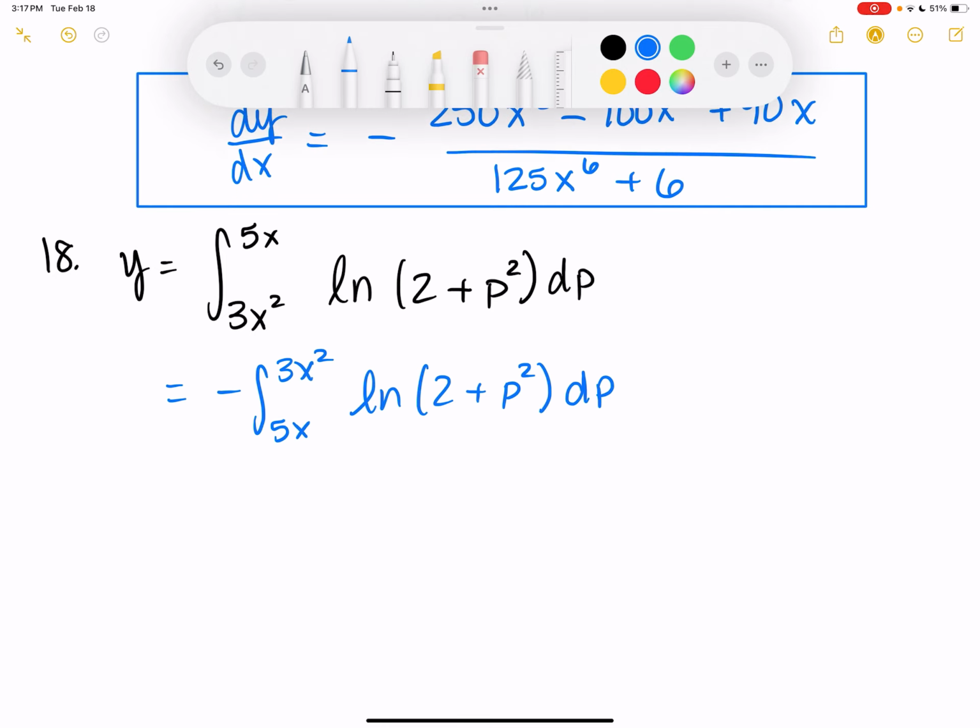Now I actually need to split this integral. So this is going to become d/dx, let me think. The negative is going to go out front of it all.